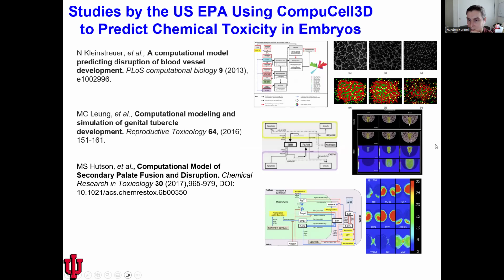So, looking at malformations of the genitals during development and how to, again, target therapy to prevent the disordered development. And then there's also a pretty well-known model of secondary palate fusion and disruption.